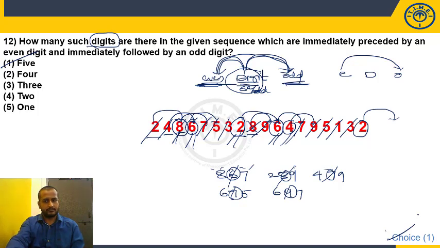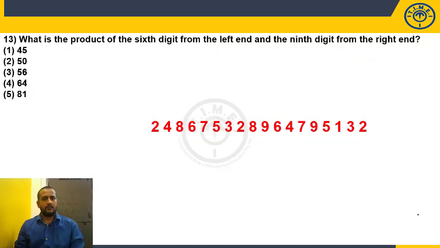Last question for this session. What is the product of 6th digit from the left hand and 9th digit from the right hand? Simple. 6th digit from the left hand means we should start counting from the left hand. 1, 2, 3, 4, 5, 6. That is 5.